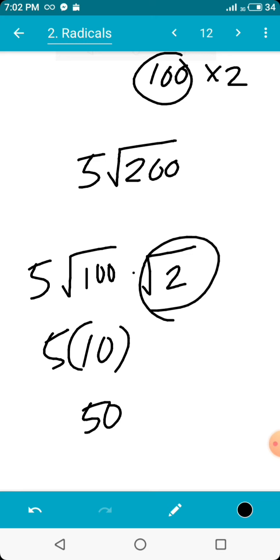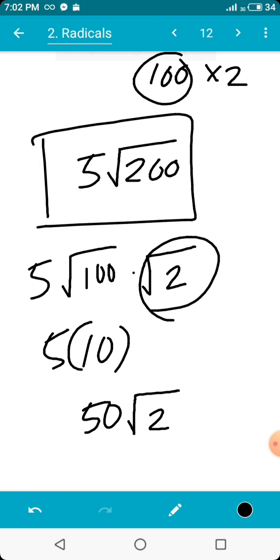As is na lang siya. So, ibababa na lang siya or ikakopy natin as like this. Okay? So, to simplify 5 square root of 200, that is 50 square root of 2. Okay? So, para ma-check natin kung tama tayo, you can just multiply them and dapat ang lumabas ay yung 200 na nandun sa radicand natin before. Okay?